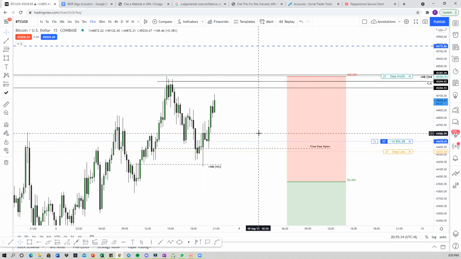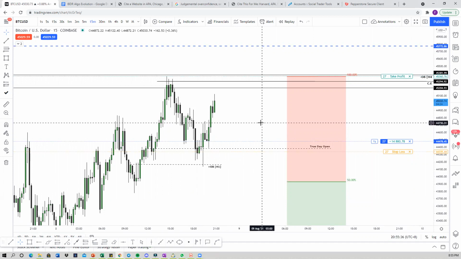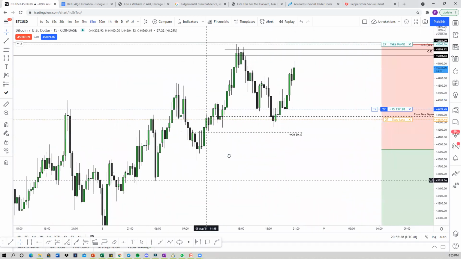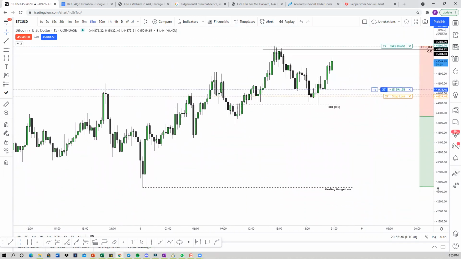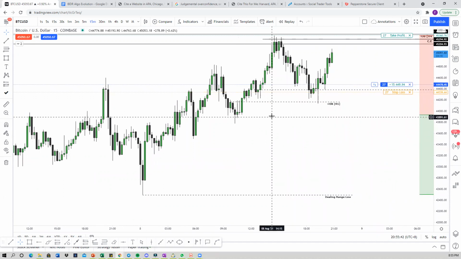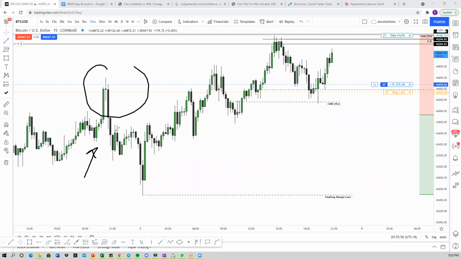So now, when we look at a change in state of delivery, I'll do it with an example because it's hard to do it just theoretically. I'll show you some price action as well. You can see, right, at this one over here, from I think day before yesterday.